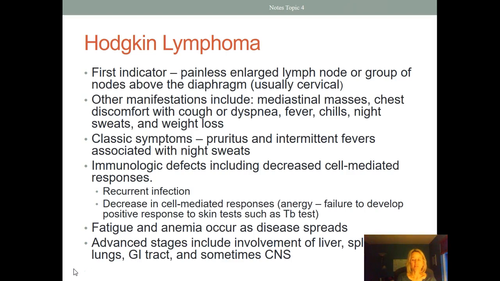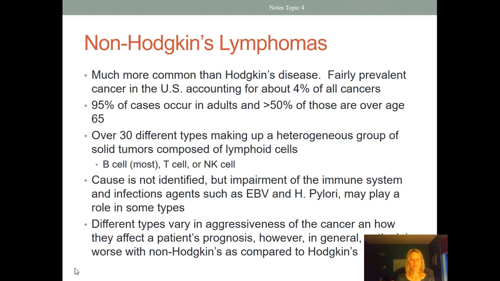Fatigue and anemia can occur as the disease spreads, and advanced stages include involvement of the liver, spleen, lungs, GI tract, and may include the central nervous system. Non-Hodgkin's lymphomas are much more common than Hodgkin's disease, and account for about 4% of cancers in the U.S. About 95% of the cases occur in adults, and most of these adults are over the age of 65, or at least half.